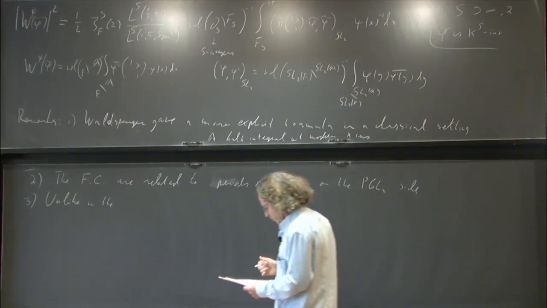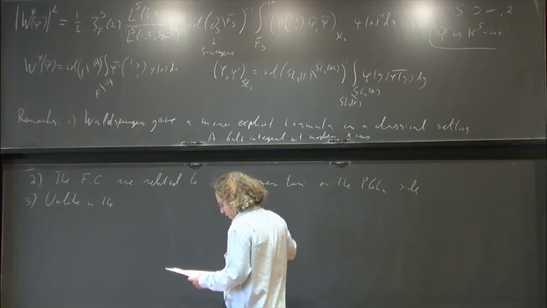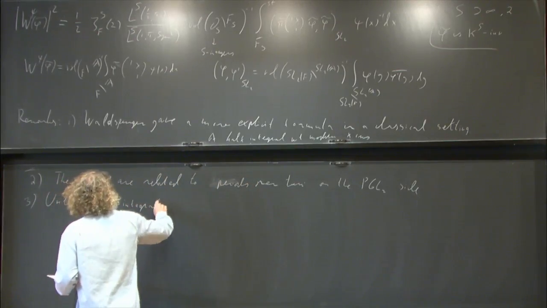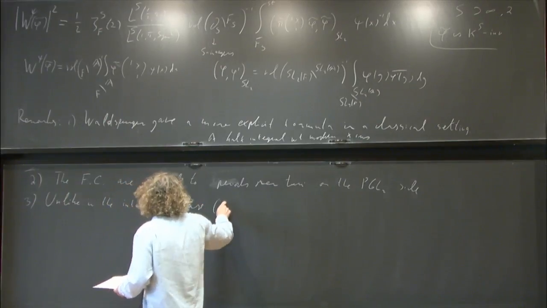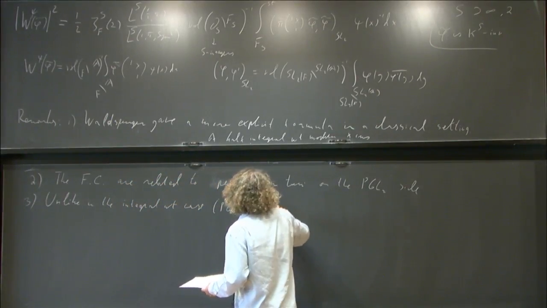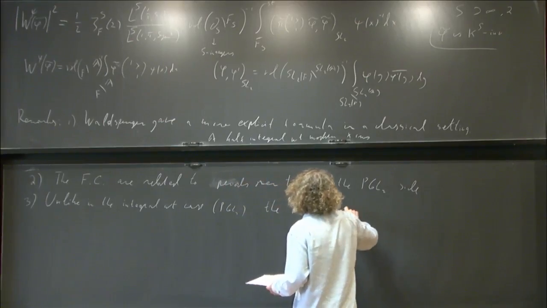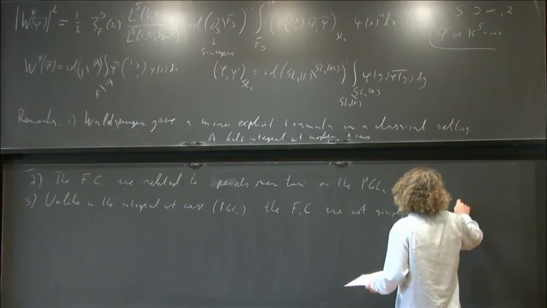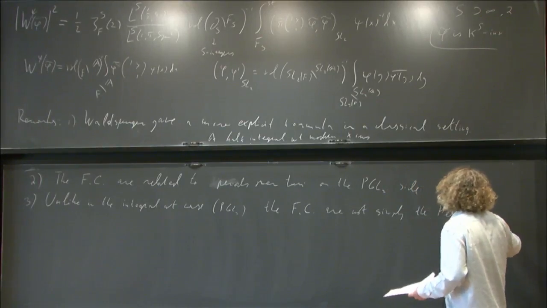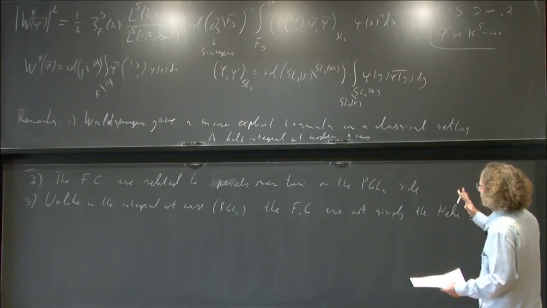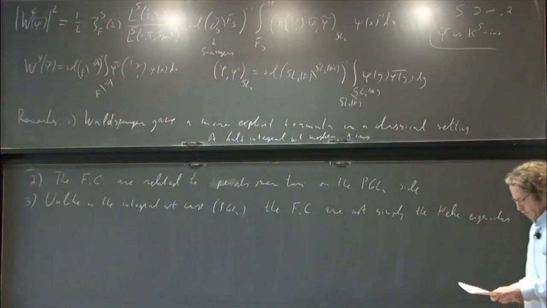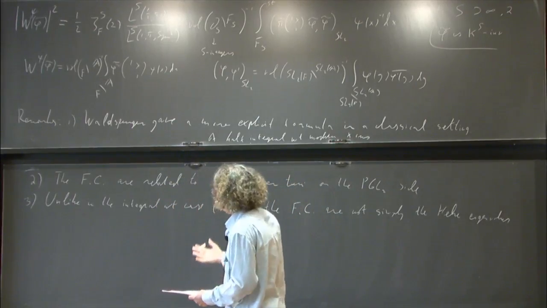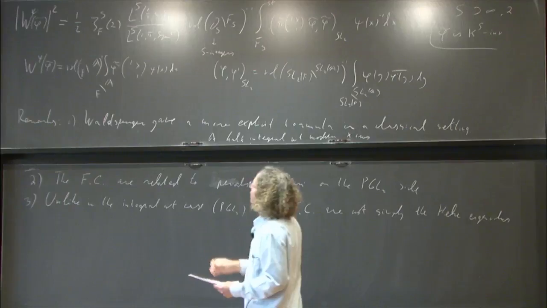The difference between the integral case and the half integral case is that in the half integral case, namely PGL2, the Fourier coefficients are not simply the Hecke eigenvalues. Once you normalize the first one, then everything else in GL2 is just read off by the Hecke eigenvalues, as we all know, but that's totally not true in the half integral case.